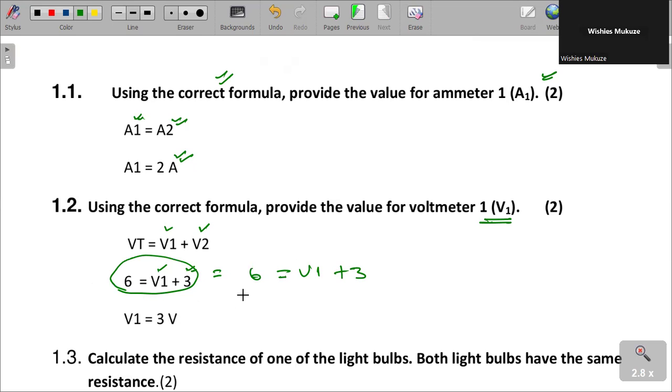So we just say 6 minus 3 is equal to V1, and 6 minus 3 is equal to 3. So V1 is 3, which is just solved as an equation.